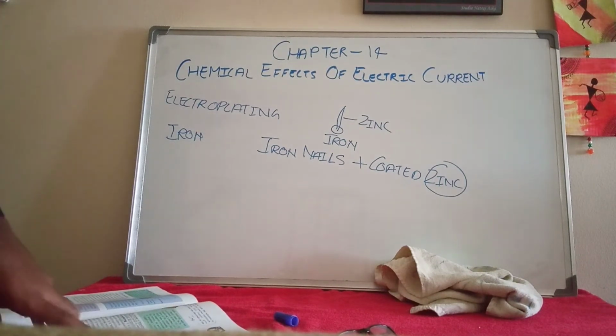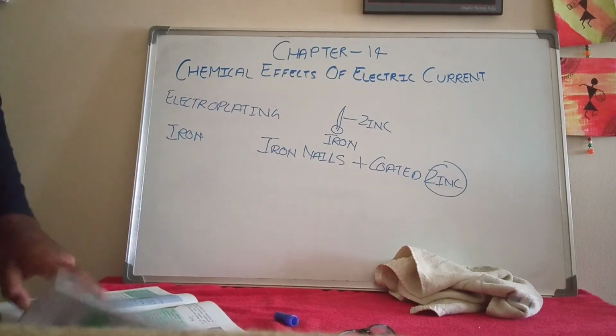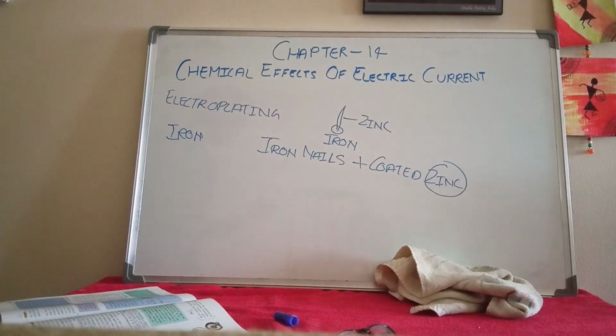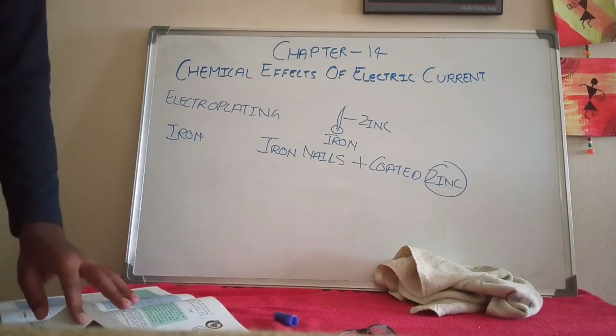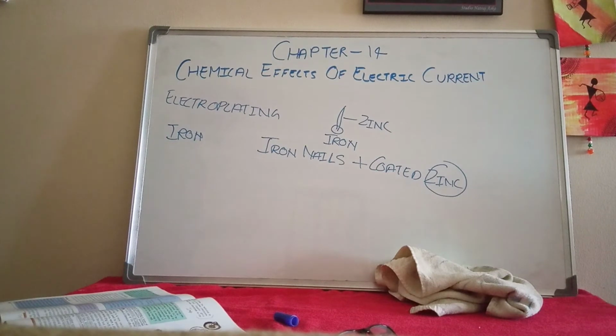So when a thing is made from iron, and it lacks some physical properties, like how iron rusts and corrodes, it is coated with some other type of material which has better and more important physical properties.